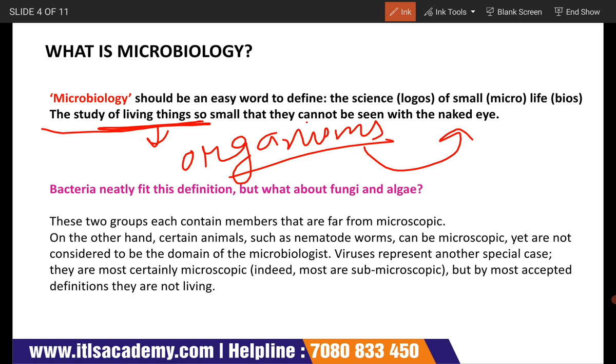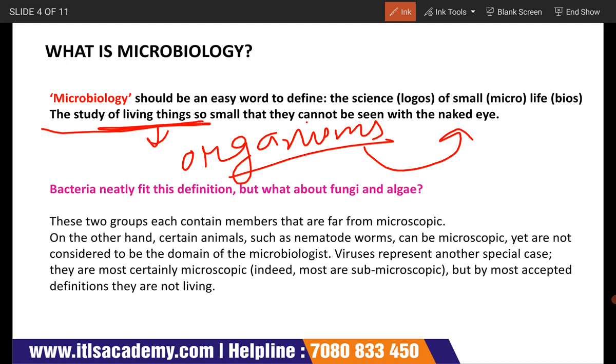But if we talk about fungi and algae, you can see fungi and algae with your naked eyes. Then how does this definition fit fungi and algae? You have to answer this.